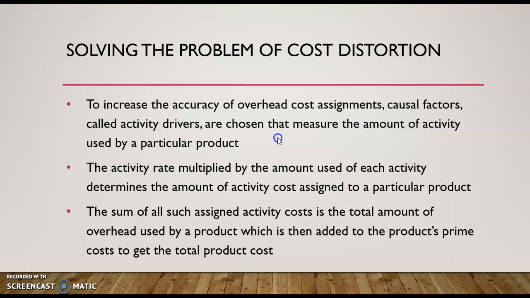And so if you're just using one rate and you're applying that one rate to all the jobs equally, then that can end up getting distorted. Whereas if you have these activities and you are then able to assign the rates based on how much of each activity that a particular job used, then you will have a much more accurate product cost.